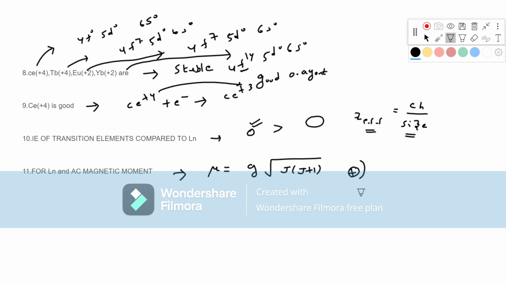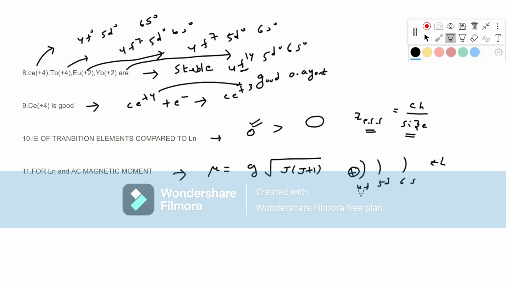Here the 4f orbital is there, here the 5d orbital is there, here the 6s orbital is there, and here the ligand is there. This 4f orbital is very near to the nucleus, so the effective nuclear charge of this nucleus on the 4f is very high. So this is deeply buried in nature.